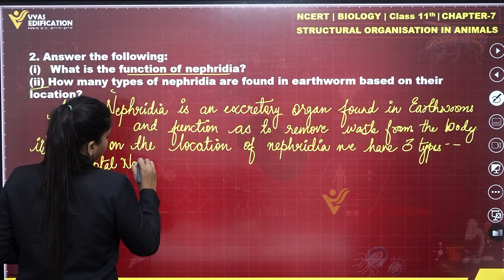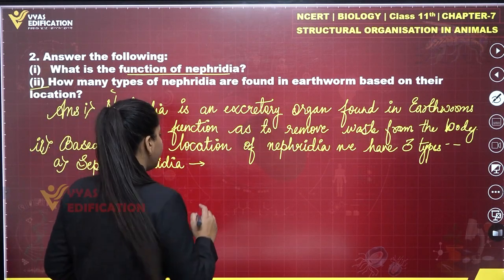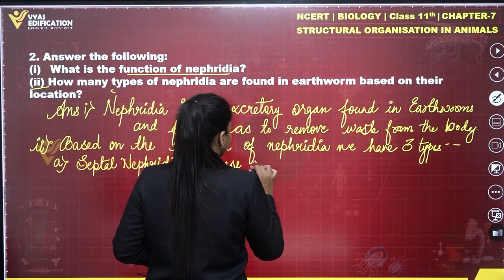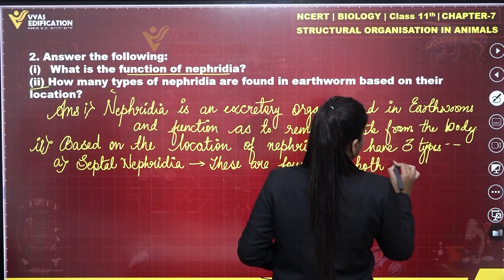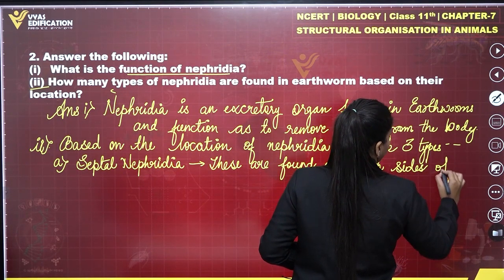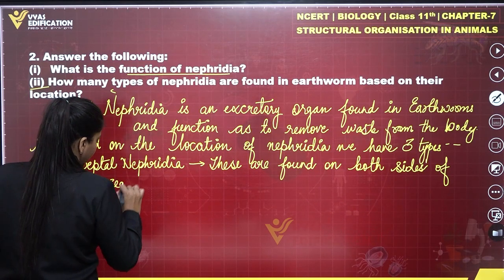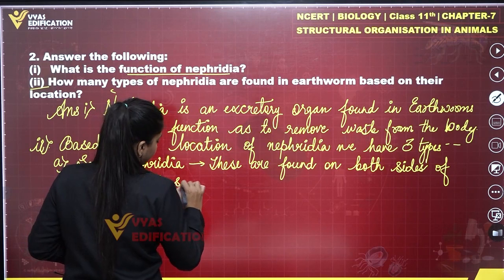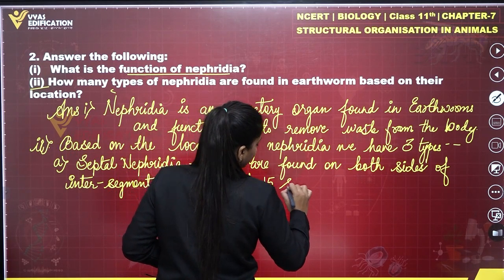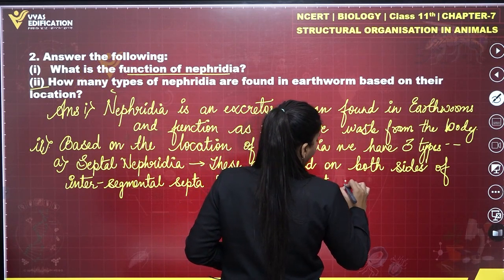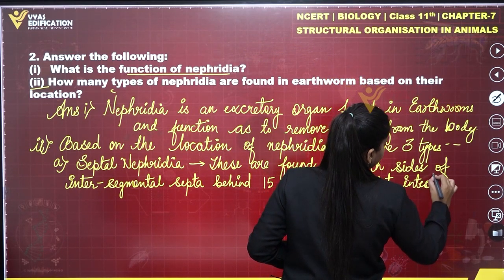Septal nephridia. Now, if we talk about the location of septal nephridia, they are found on both sides of intersegmental septa, behind the 15th segment, and open into the intestine.